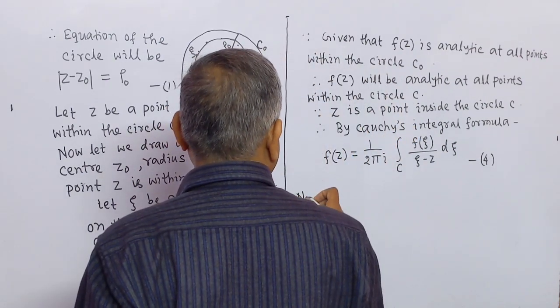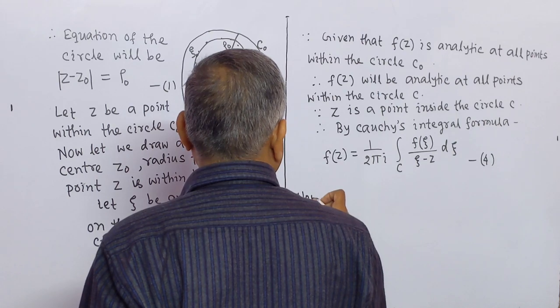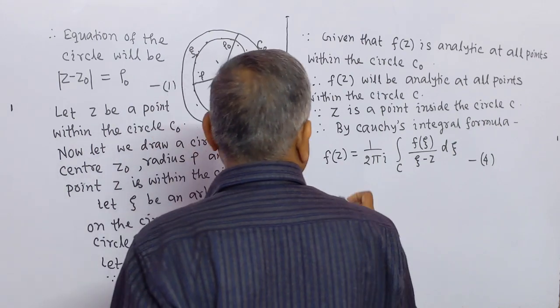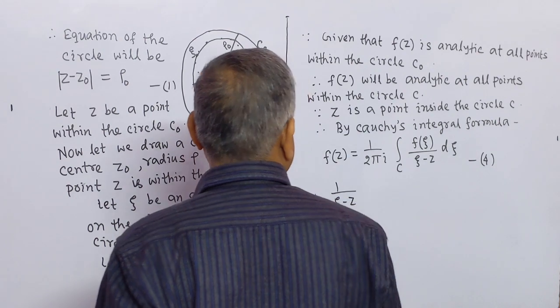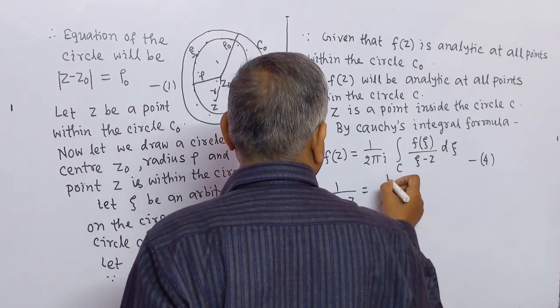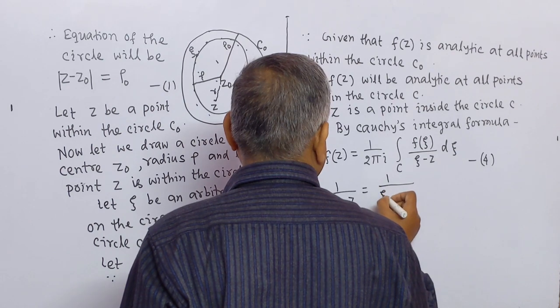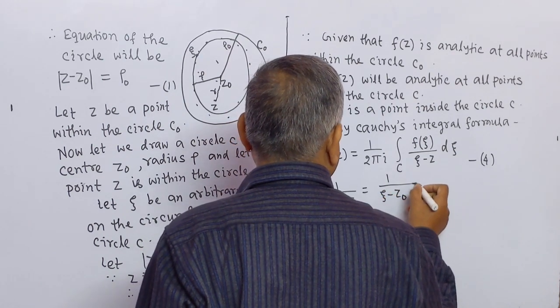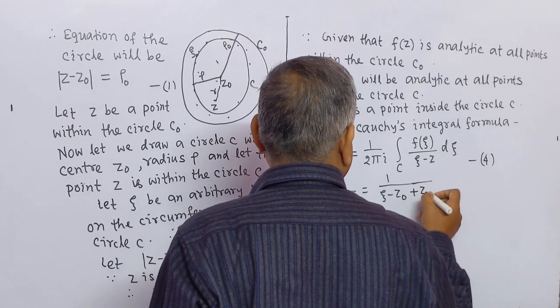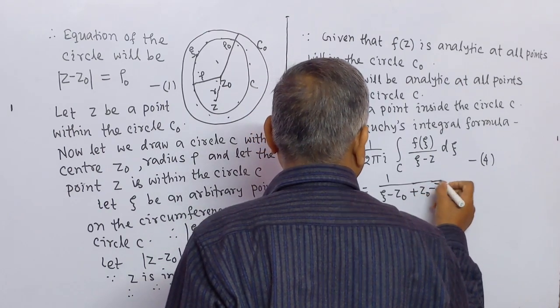Now one by xi minus z equal to 1 by xi minus z naught plus z naught minus z.